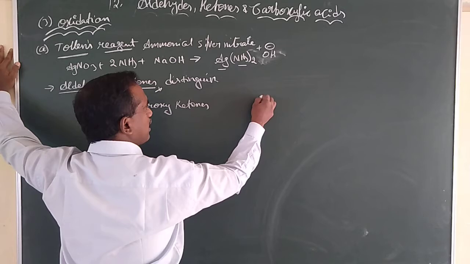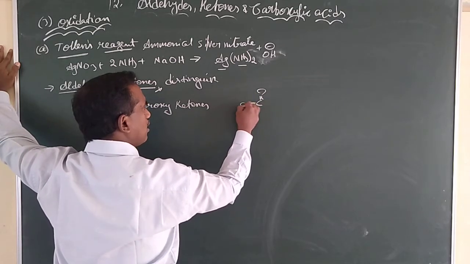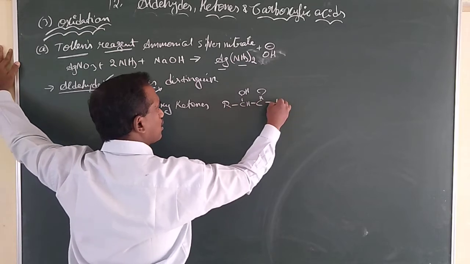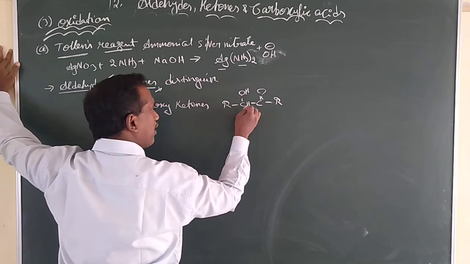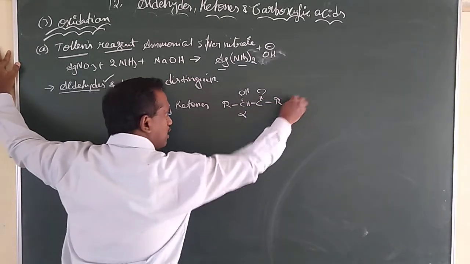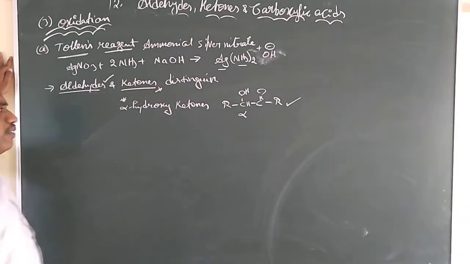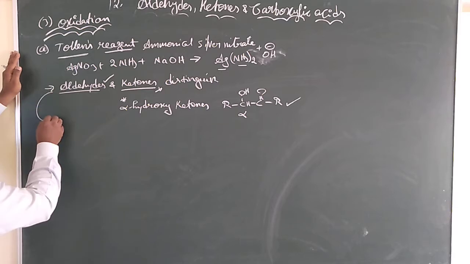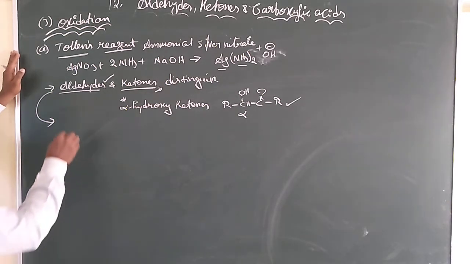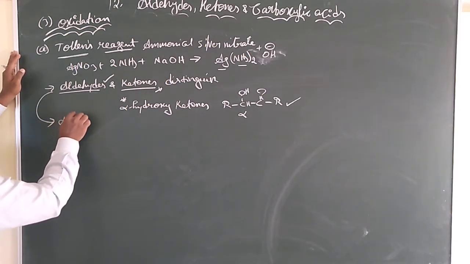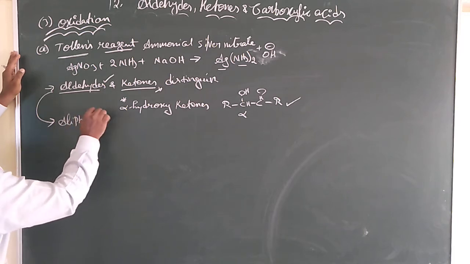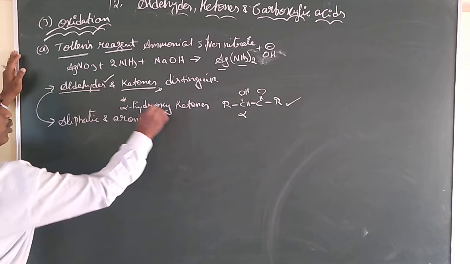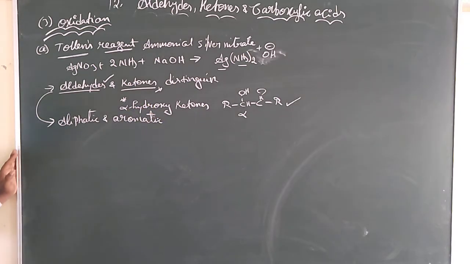If a ketone has a hydroxy group at its alpha position, such a ketone will respond to the Tollens reagent. And coming to aldehydes, both aliphatic and aromatic will respond.